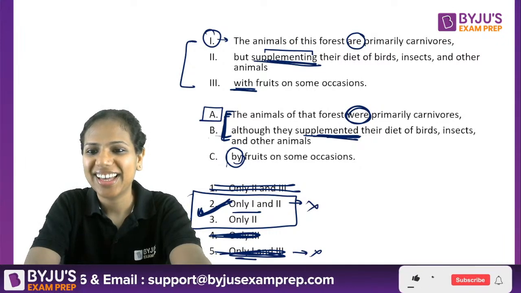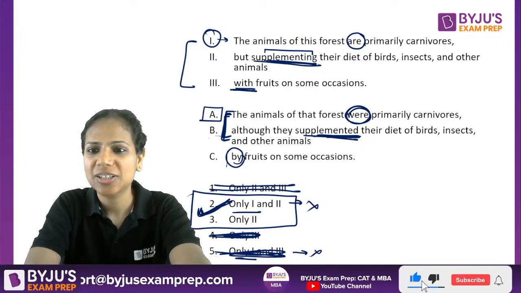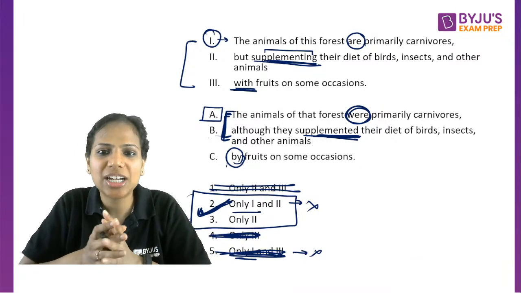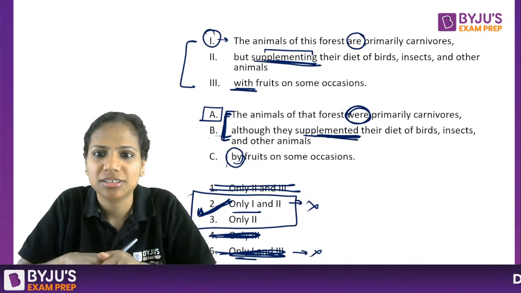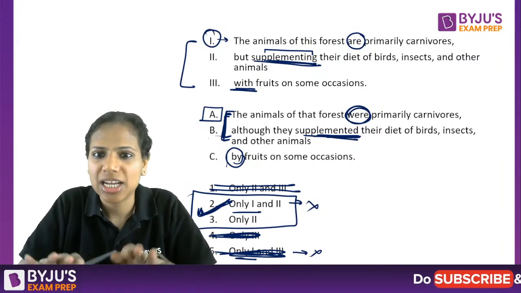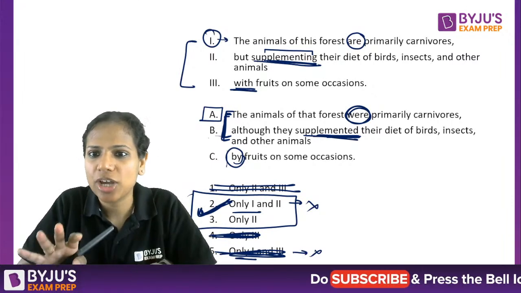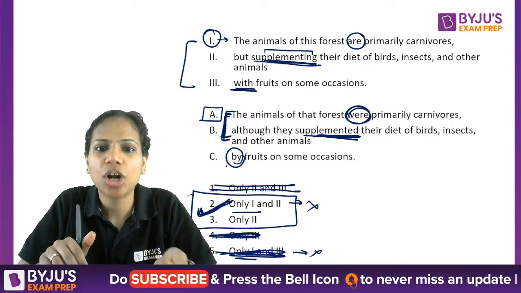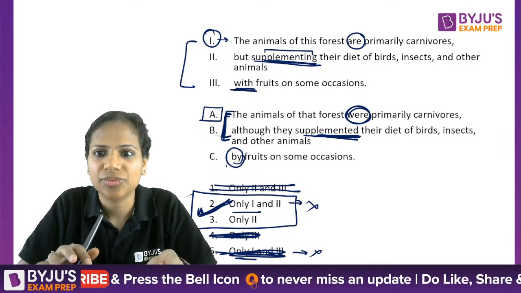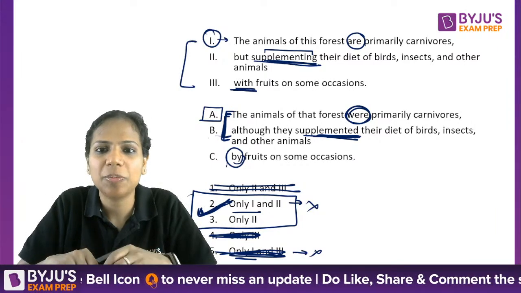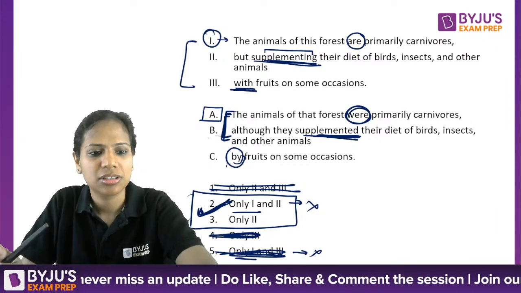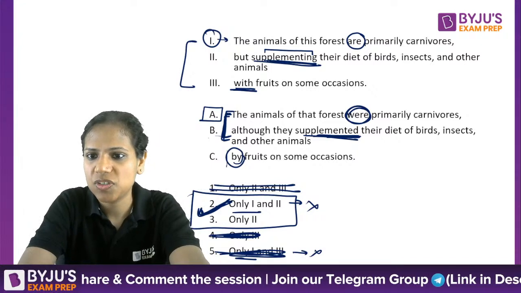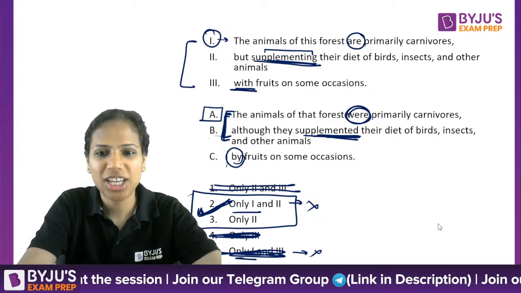Initially, I said that 2 should be eliminated. 2 is the answer here because the correction statements A and B make sense together. Otherwise B as a correction statement will not make sense if I say are and then I say supplemented. Hope this is clear to everybody and I can move to the next question.